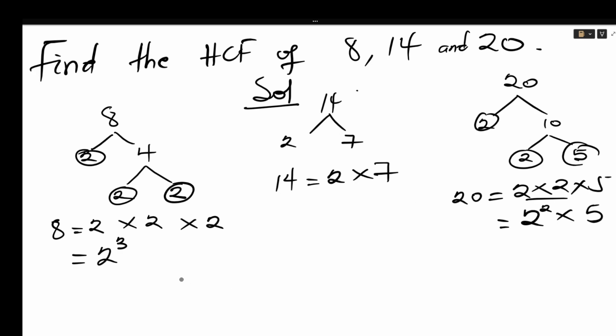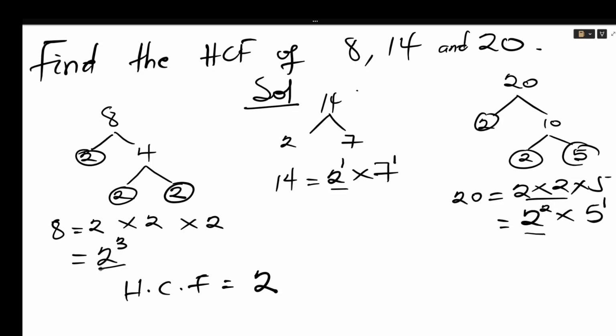Now let's list the common. So we have our HCF is equal to, let's pick out the common factors. I believe 2 is here, 2 is here, 2 is here. So we pick 2. And the 2 here can be written as 2 raised to the power 1. Here can also be written as 2 to the power 1.